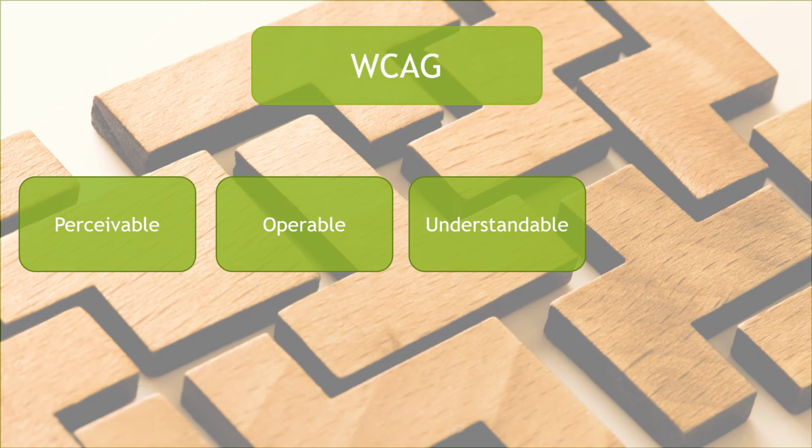The information also has to be understandable, and also the operability has to be in an understandable way that makes sense and that people with disabilities would be able to understand. The information must also be robust so that it is clear enough that people with many different backgrounds will be able to understand.